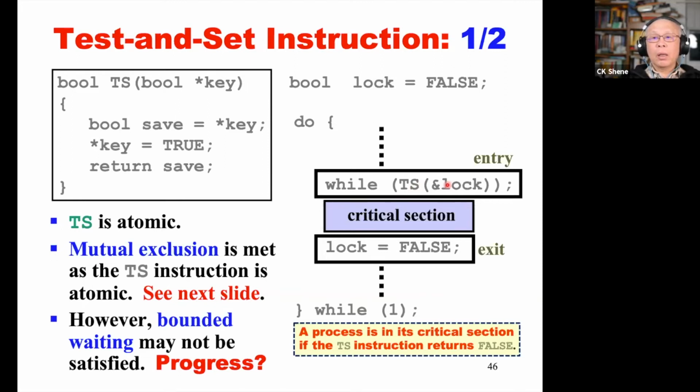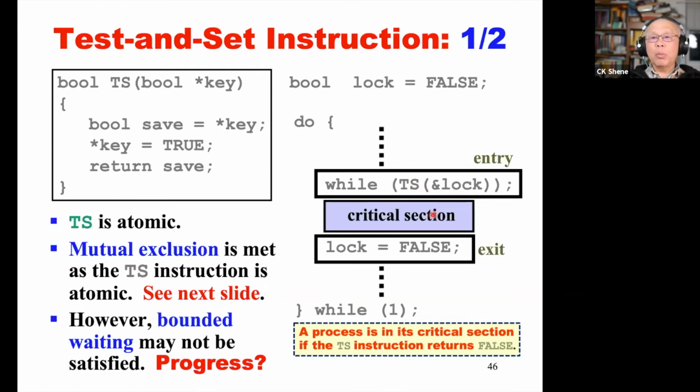Look here. Previously, the decision making is implemented in the entry section. In the software solution, we use loops. But now, if the critical section is empty, the value of lock is false.